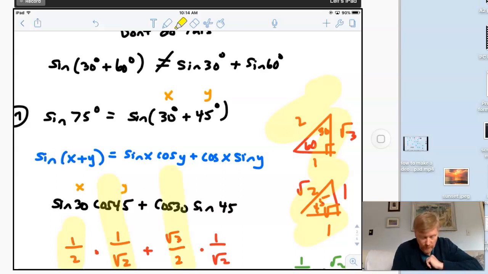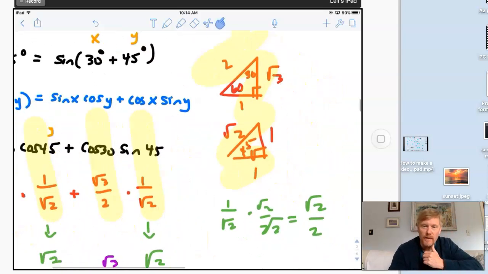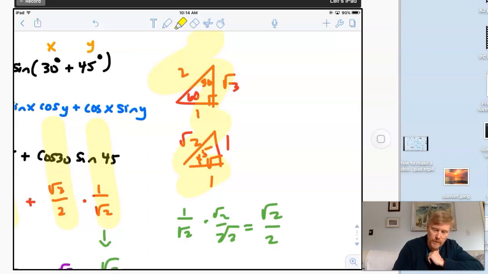Cosine of 30 is the square root of 3 over 2. And the sine of 45 is 1 over the square root of 2. Just a quick reminder, 1 over the square root of 2 is the same as square root of 2 over 2 if I rationalize the denominator by multiplying top and bottom by the square root of 2.